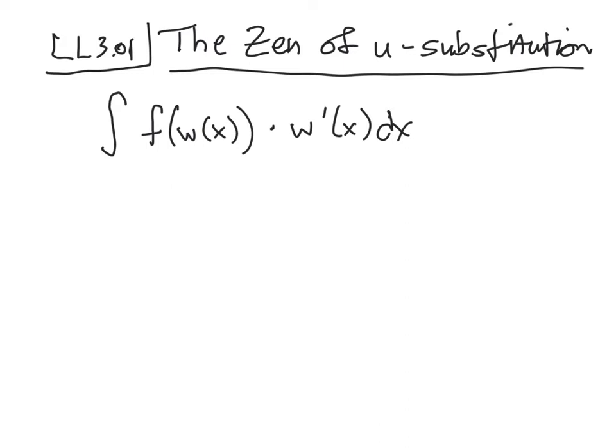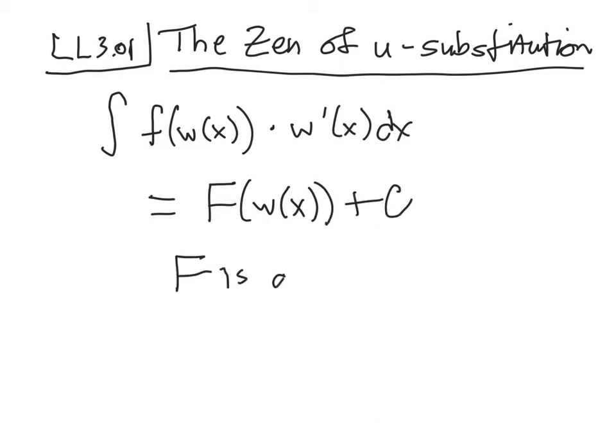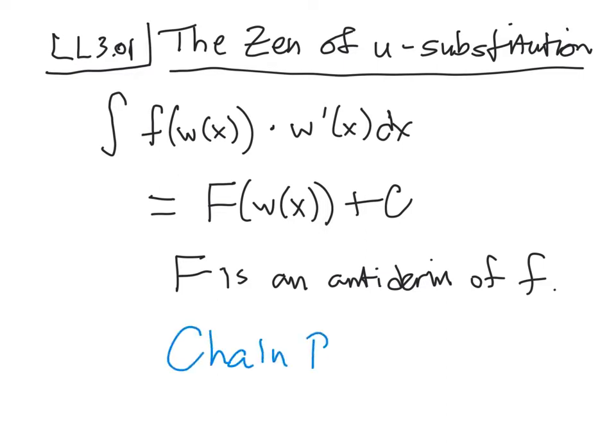Handwriting on a tablet is challenging sometimes. There we go. The antiderivative of that is going to be big F of w of x plus c, where F is an antiderivative of little f. So that's the basic idea, and the reason for that, once again, is the chain rule. That's what we discussed in class last time.